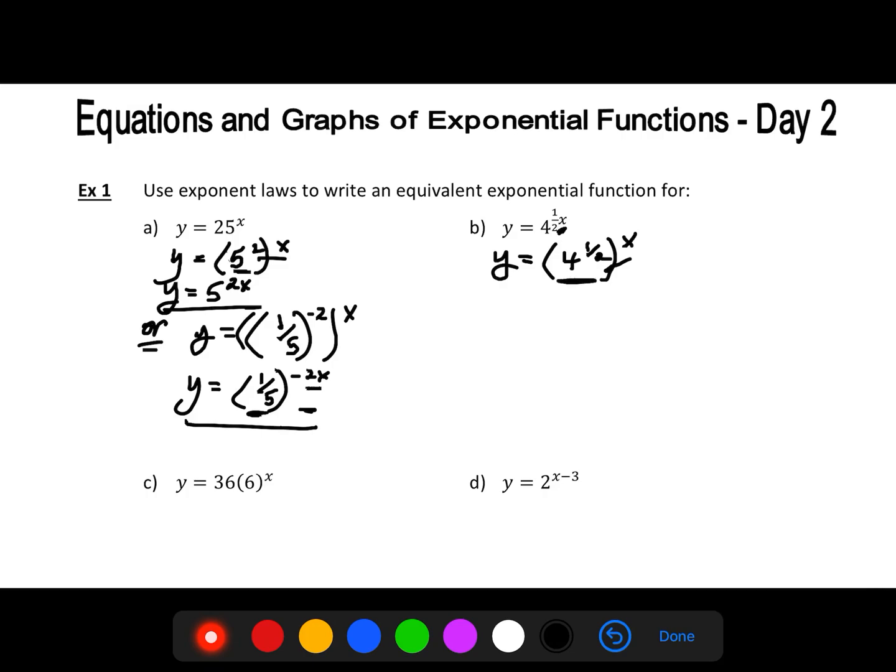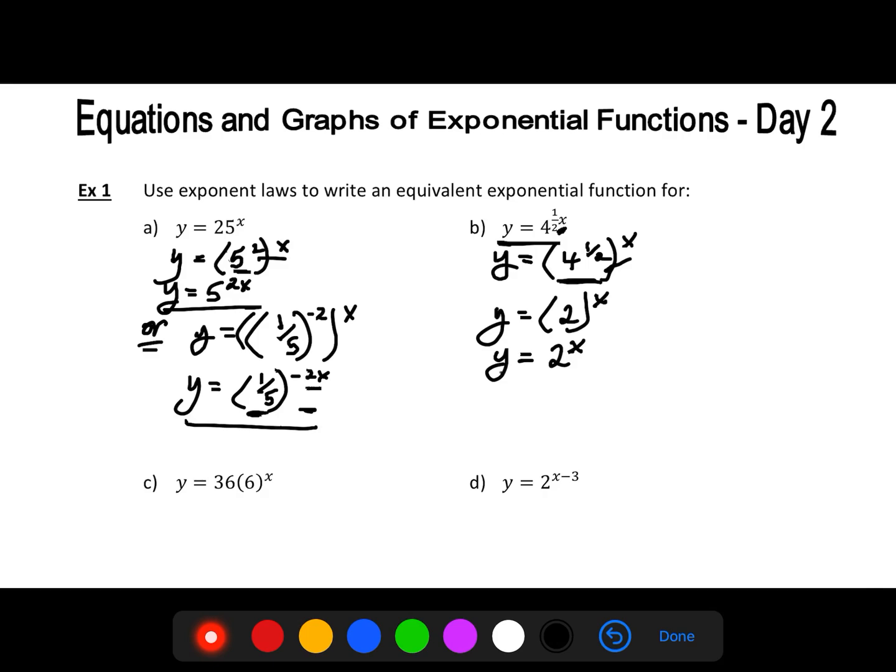Well, we can also put brackets in there and divide those exponents. Now, inside here, we know that 4 to the power of 1/2 is the same thing as square rooting. Remember, we talked about the bottom of the fraction for the exponent comes around to become the root. So inside here would become 2, and then we can simplify to 2 to the power of x.